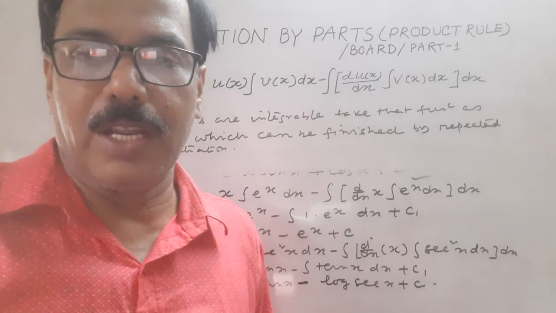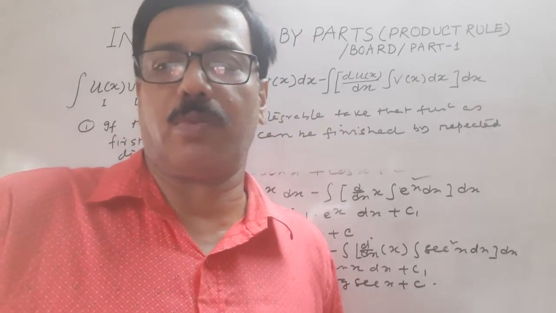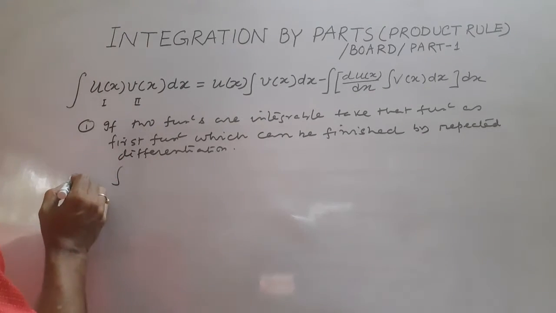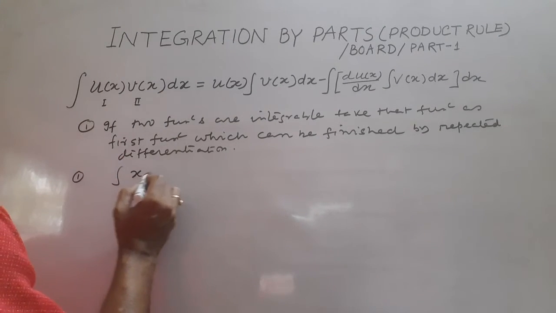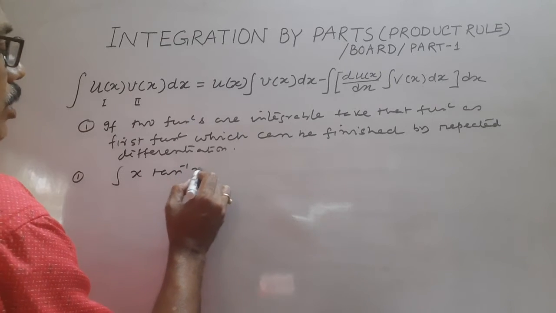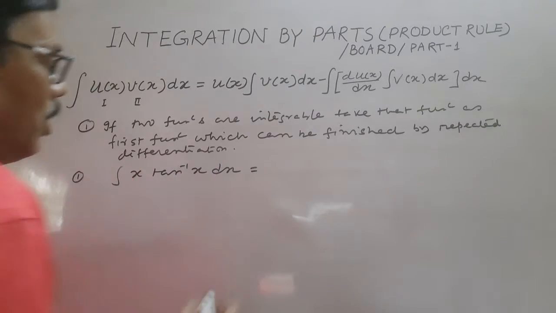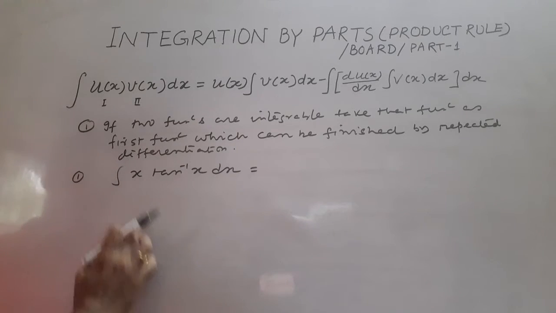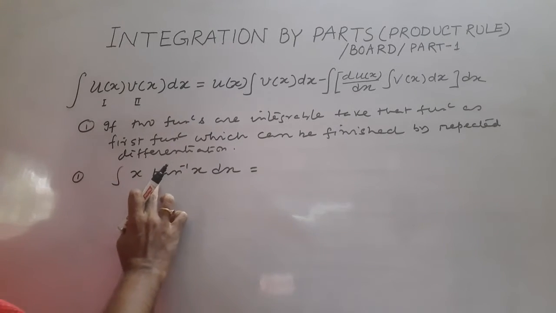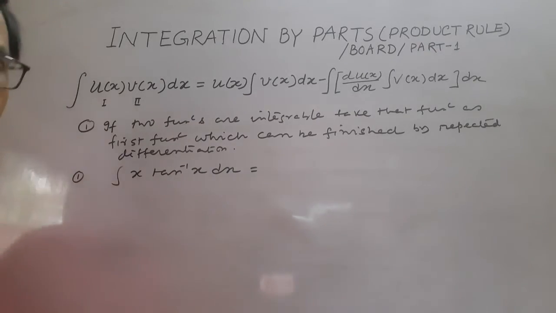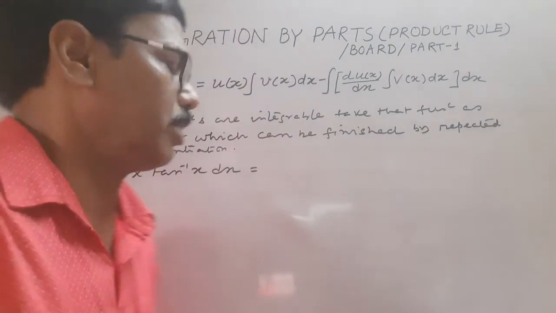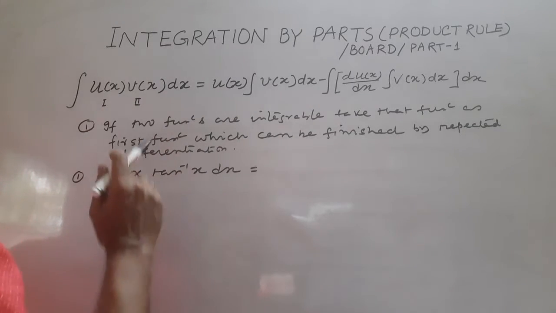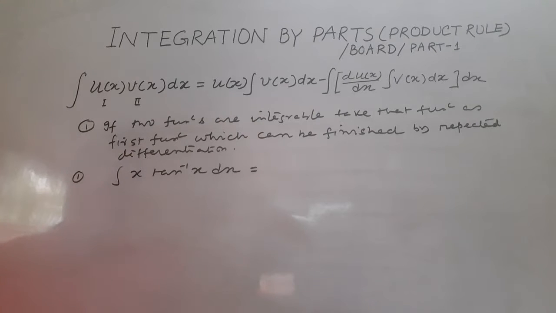Now we consider the second type of problem. Next, second type: x tan inverse x dx. Now look, this is differentiable, this is also differentiable, this is integrable, this is not integrable. So we cannot integrate tan inverse x. The function to be differentiated is considered as the first function.